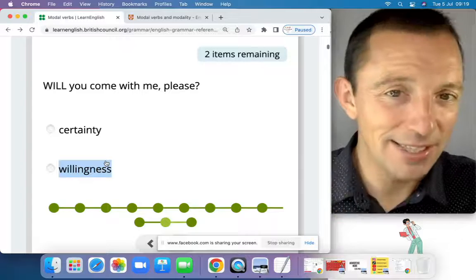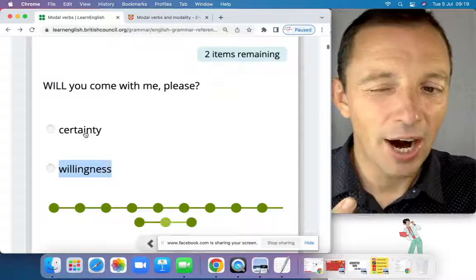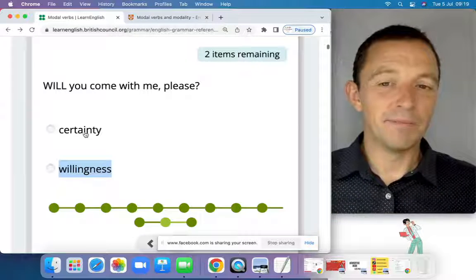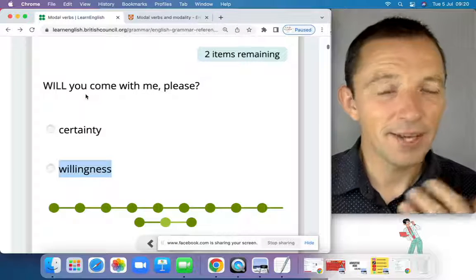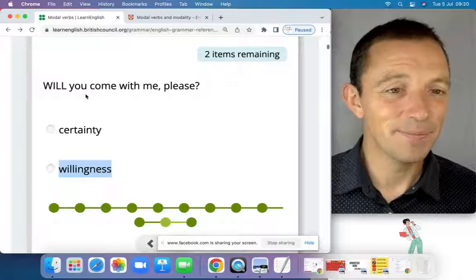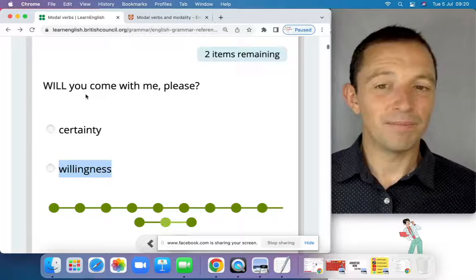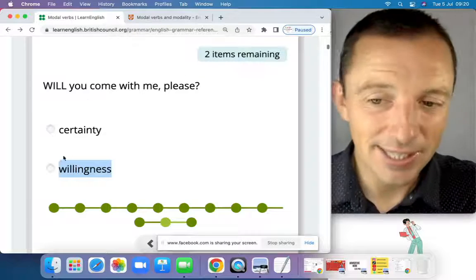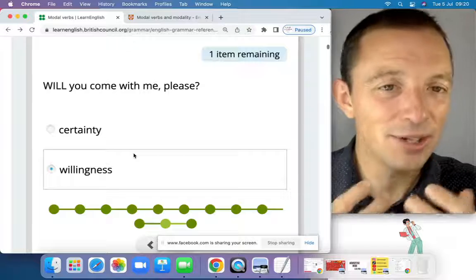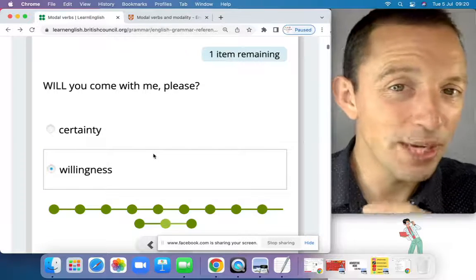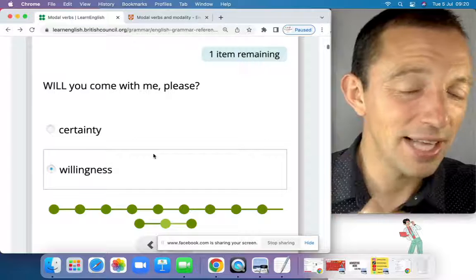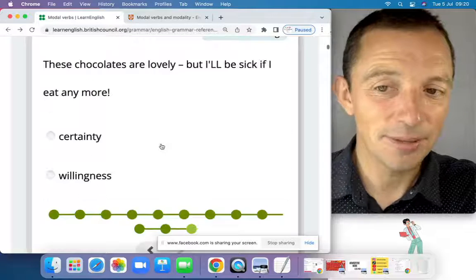Are you content to come with me? Or are you certainly coming with me? This is difficult because the question is asking for certainty. Will you come with me? But I think the second option is a little better. Are you content? Are you happy to come with me? I think I could be wrong. It's a possibility I have a mistake, but let's continue to the last question.